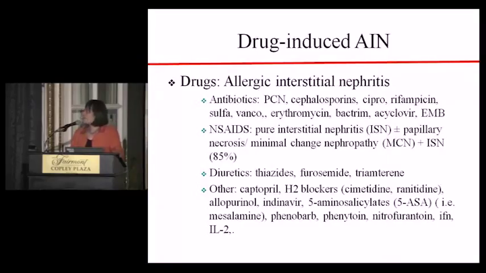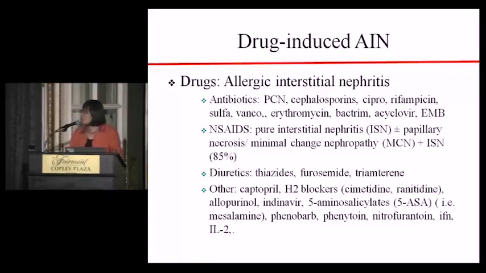Okay. Now let's touch base a little bit on drug-induced AIN. Again, like I mentioned, about 70% of the cases of AIN are due to drugs. In such cases, it is called allergic interstitial nephritis. Among the antibiotics, beta-lactams, such as penicillin or cephalosporins, are so far still the most commonly reported drugs causing AIN.